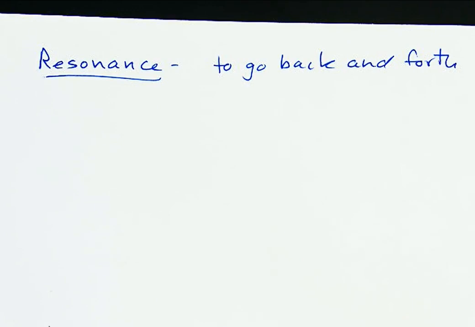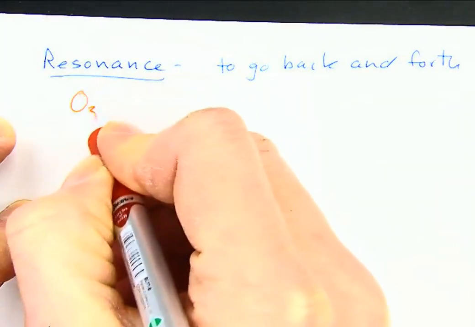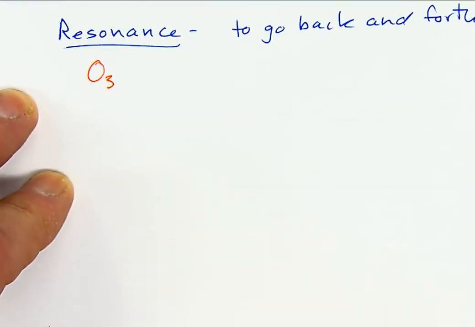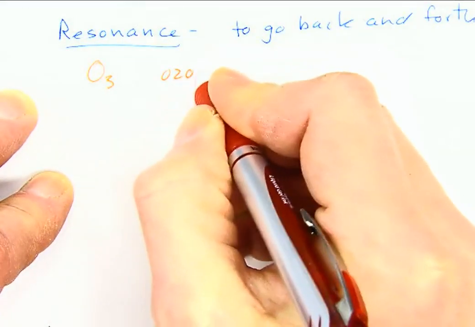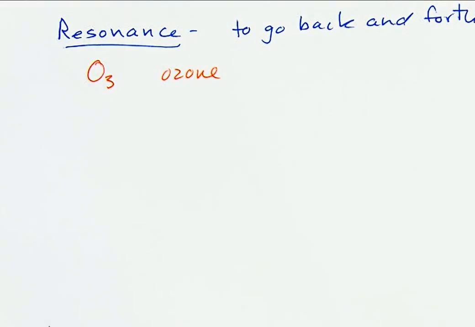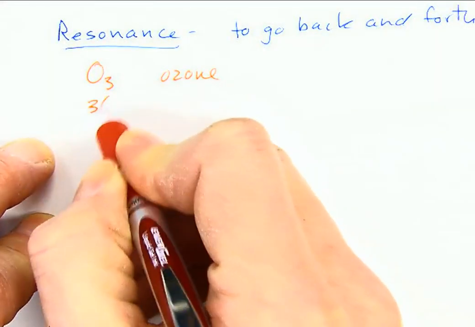Let's take a simple example. Oxygen, when it has 3, is actually called ozone, and it's supposed to be a protective layer from the sun. So for ozone, we have 3 times 6.